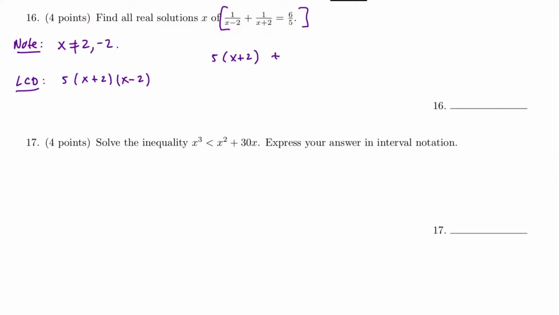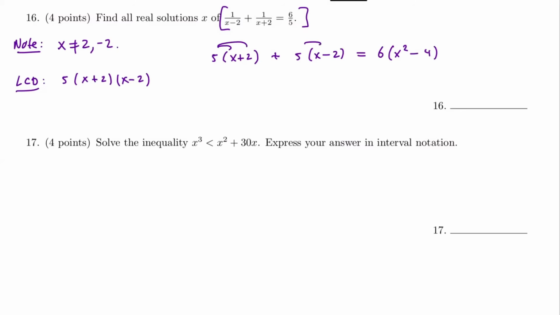For the second fraction, x plus 2 will cancel out, so you'll have 5 times x minus 2. On the right-hand side, the 5 cancels out, and you'll have 6 times x plus 2 times x minus 2, which you can just expand and write as x squared minus 4.